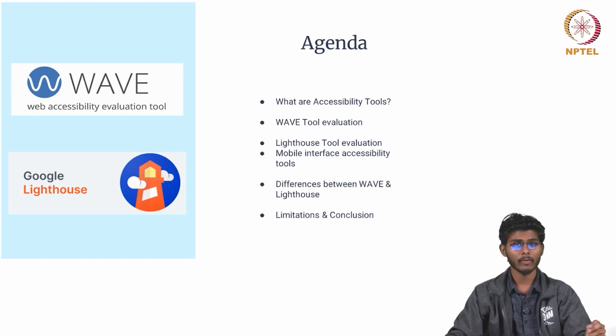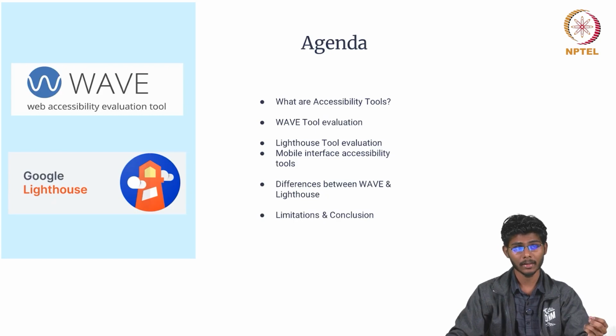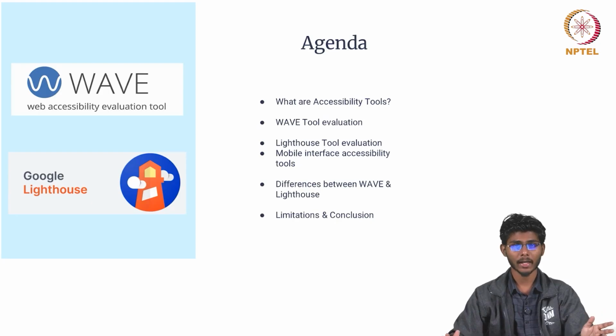And in this session, apart from the web accessibility tools, we will also see how it can be extended to mobile interfaces, like which tools we can use in mobile interfaces, like the default tools for Android and even iOS.